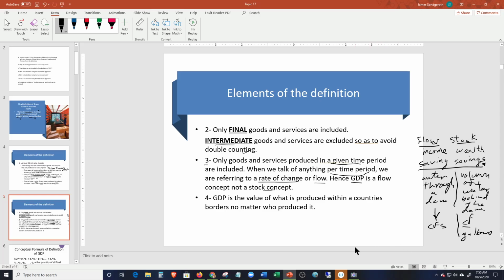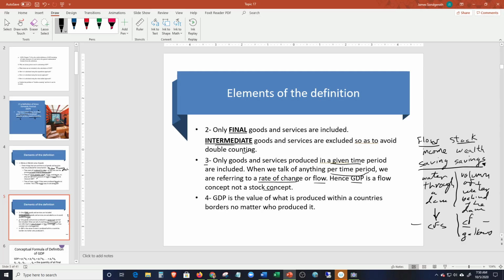All right. So I'm going to use this analogy of the flow of a river and the amount of water behind a dam to measure GDP in our circular flow.